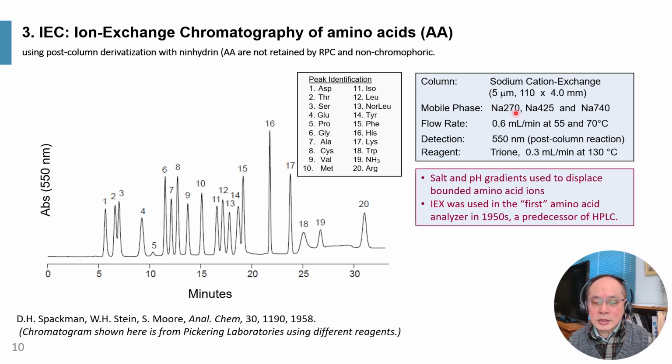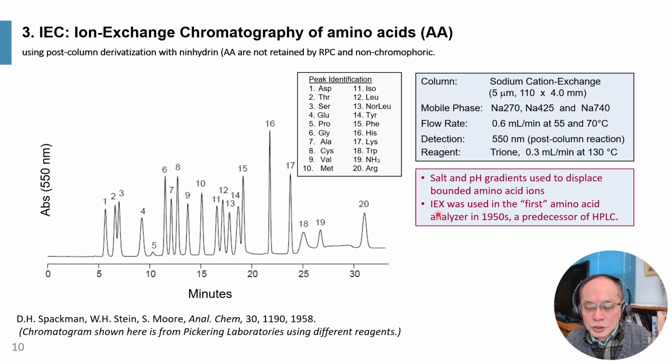Sodium cation exchange column, mobile phase using 3 different buffers of increasingly higher pH, the flow rate, the column temperature, and also detection using post-column reaction with a reagent called Trione, which is similar to ninhydrin, except it's more stable. In the mobile phase, we use increasing concentrations of salt, sodium chloride, and also increasing pH to displace the bound amino acid ions.